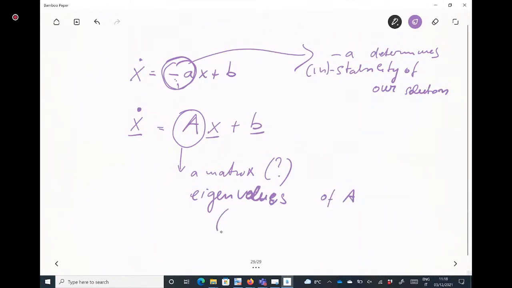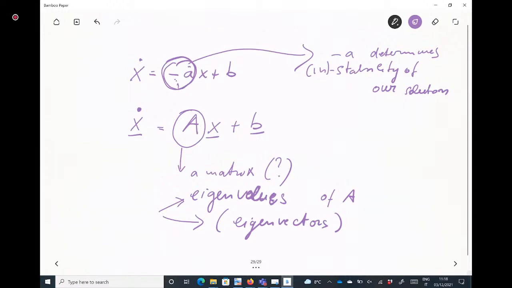And we will see that each eigenvalue is associated to a set of eigenvectors. Both of them will allow us to write down the solution by analogy with A here. In particular, the eigenvalues will affect the stability of the solution.